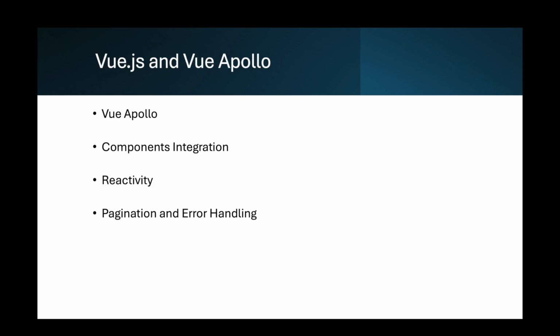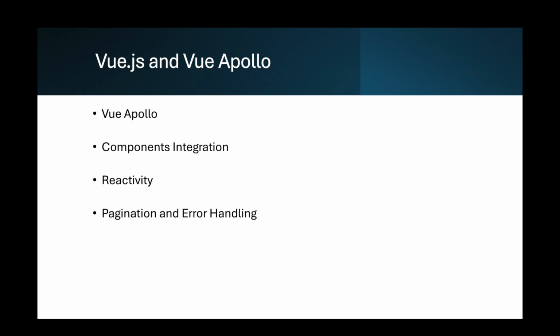How about using Vue.js and Vue Apollo? With Vue Apollo, integrate GraphQL APIs with Vue.js applications using Vue Apollo, a GraphQL client for Vue.js. You can also have components integration, using Vue Apollo's integration with Vue components to execute GraphQL queries and mutations from Vue.js components.